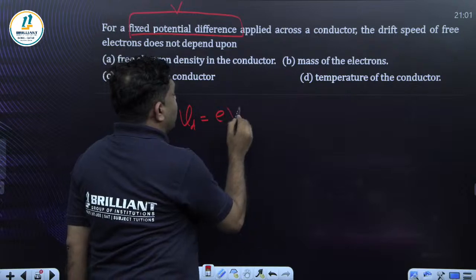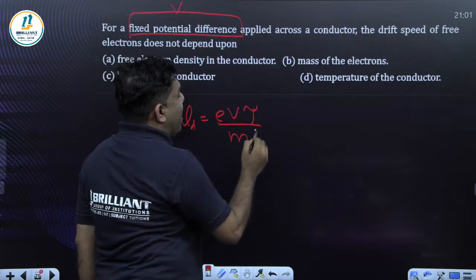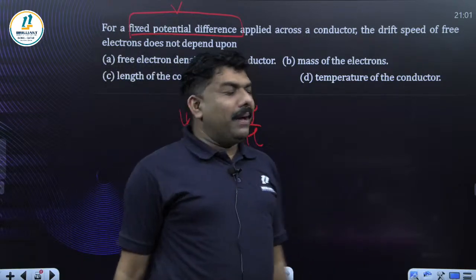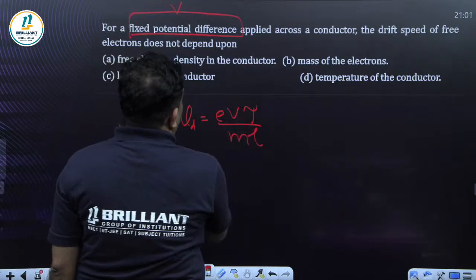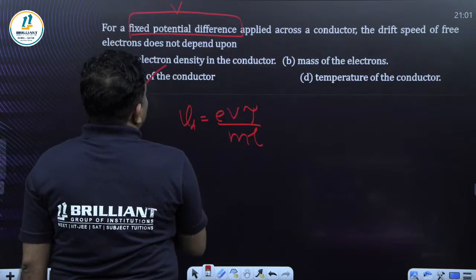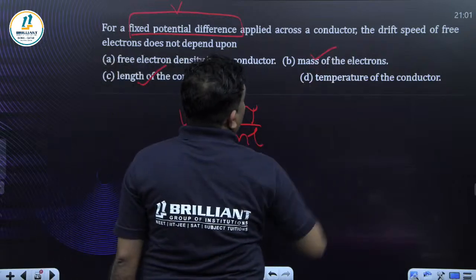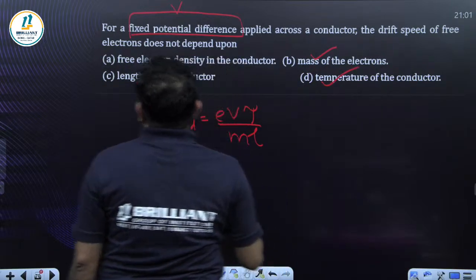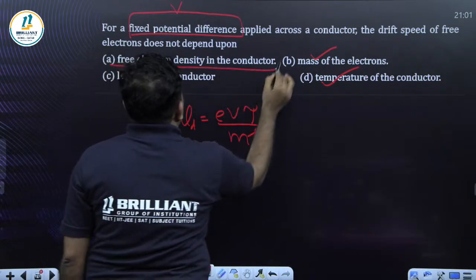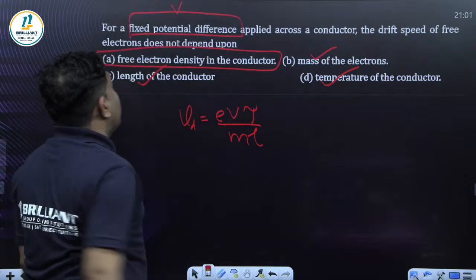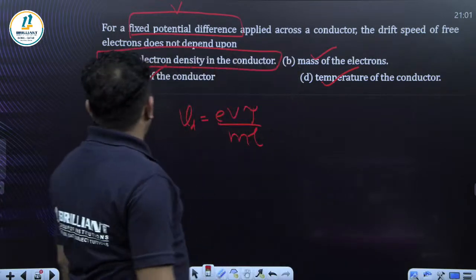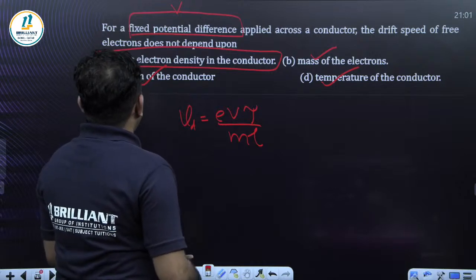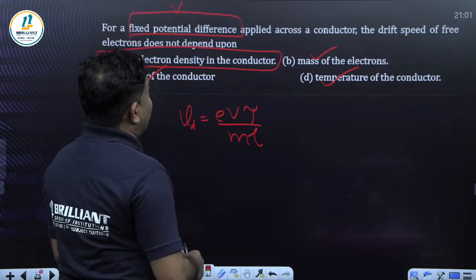V_d equal to eE tau by m L. Here length depends, mass of electron depends, temperature depends. So it does not depend on the free electron density in the conductor. So the right answer is A, free electron density in the conductor.